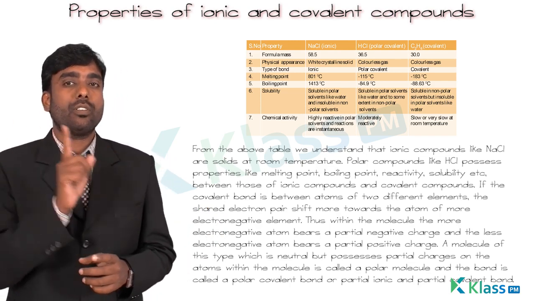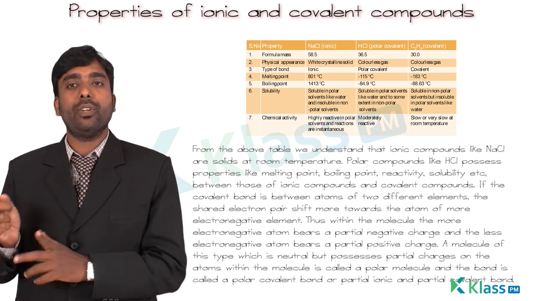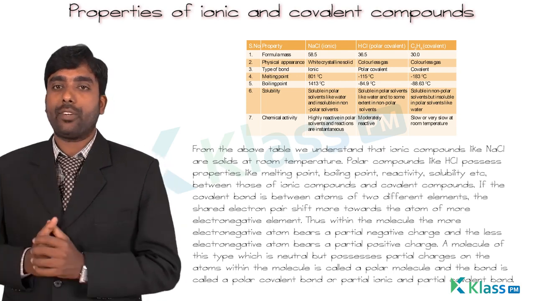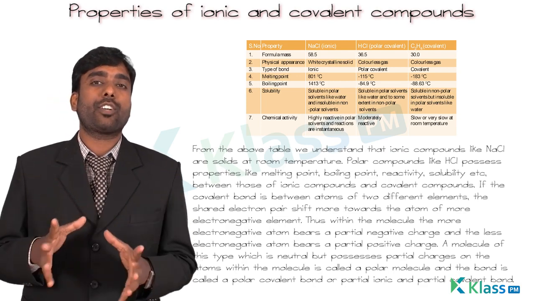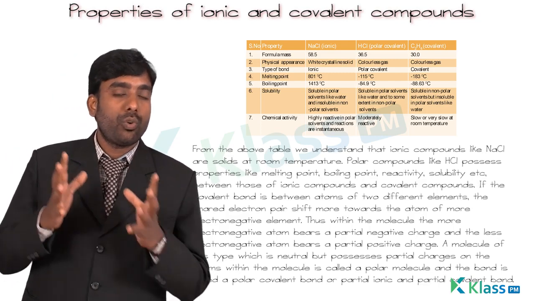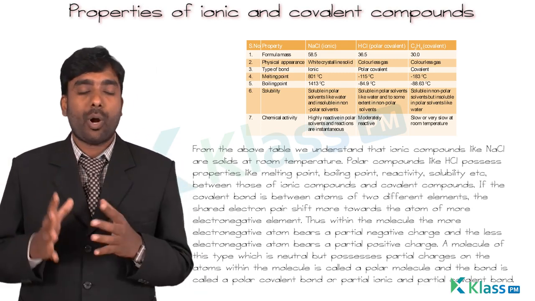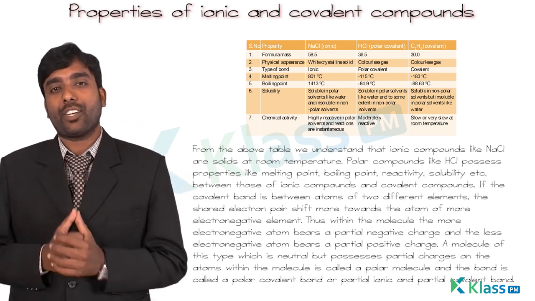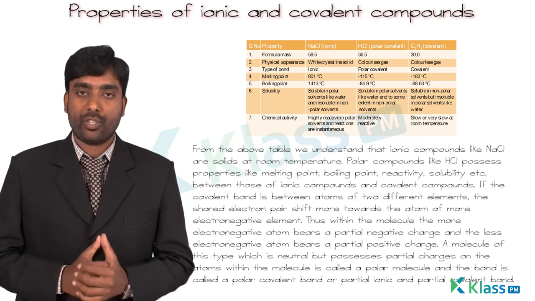Now Ag joins with Cl and Na joins with NO3, so you get silver chloride and sodium nitrate. Since these reactions are very fast, ionic compounds participate only in ionic reactions, which are very fast reactions.